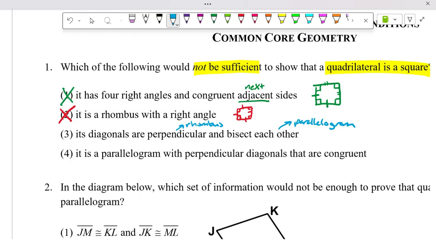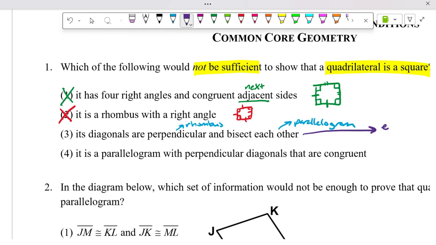Because what else do a square's diagonals have to be? There are three things that go along with a square's diagonals. They bisect each other, they're perpendicular, and there was one other thing. I'll give you a hint. They share it with rectangles. They're congruent. So if we only know they're perpendicular and bisect each other, it's not enough information to say it's a square.